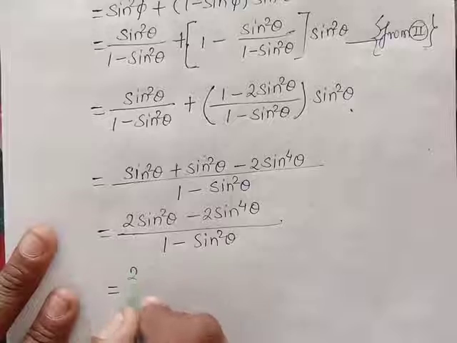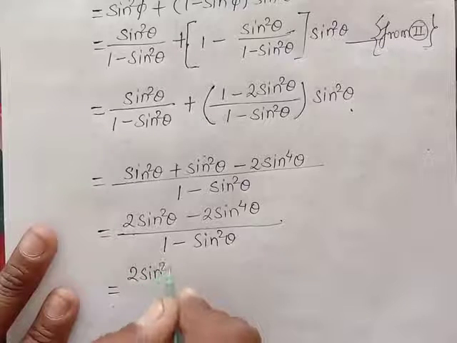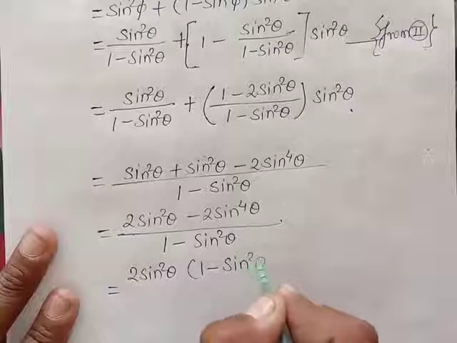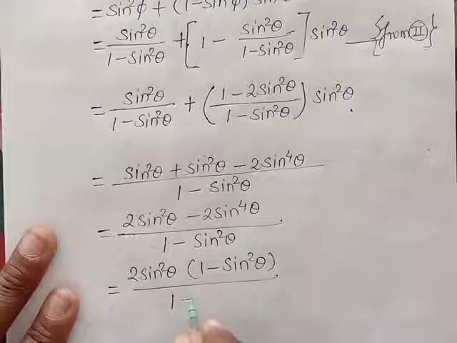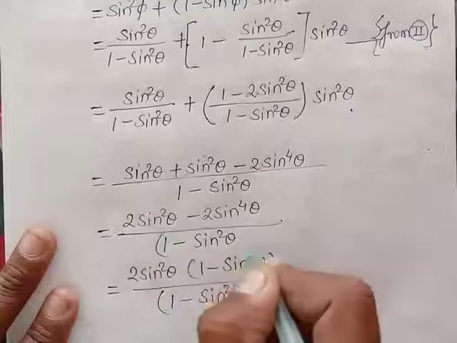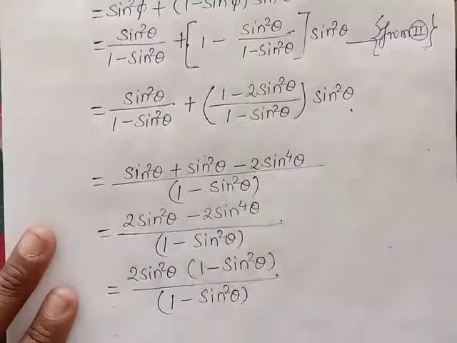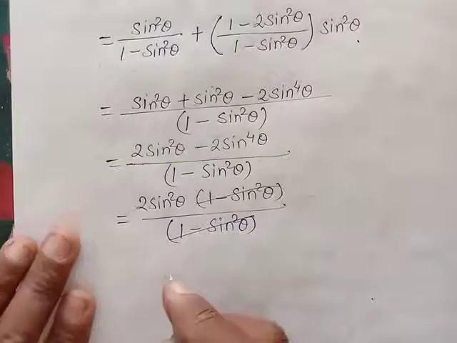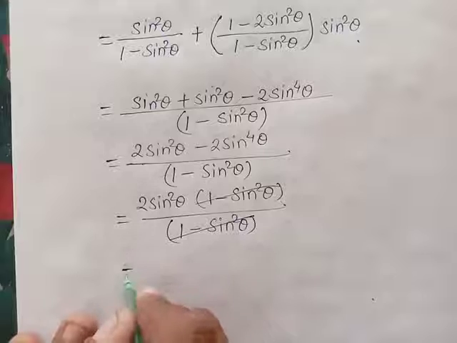So it is 2 sine square theta times 1 minus sine square theta upon 1 minus sine square theta. This one. Okay. Now here these are cancelled. So what we get?